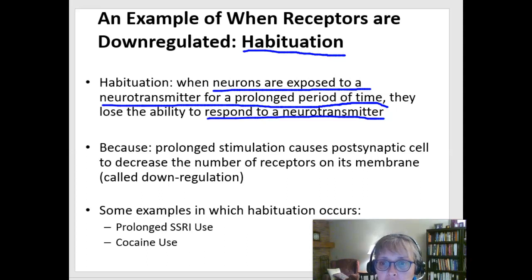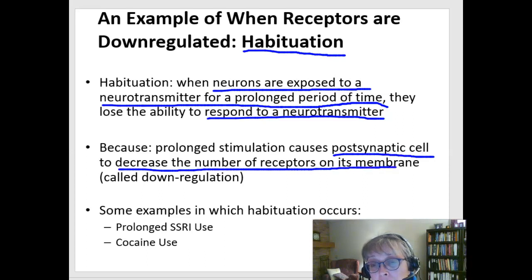Now, due to this prolonged stimulation, the membrane is downregulated. So you can think of it as the neuron's tired, okay, and it knows, I don't know if it knows, but it decreases how much stimulation it gets just by not responding to what's out there.